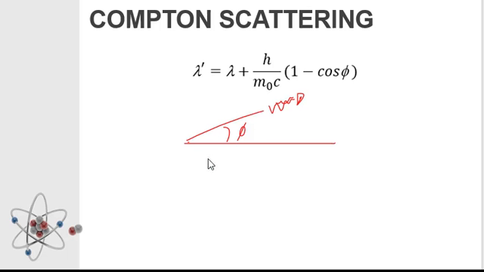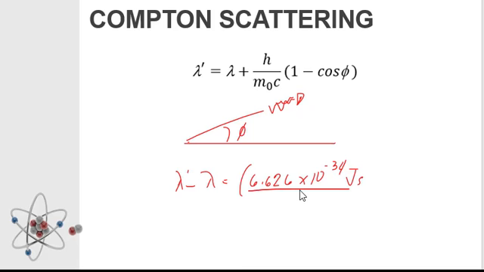So let's complete this equation, or let's take a look at the constants we have here. Lambda prime minus the initial lambda, or the initial wavelength, is equivalent to Planck's constant, 6.626 times 10 to the negative 34 joule second, divided by the mass. Let's use 9.11 times 10 to the negative 31 kilograms.